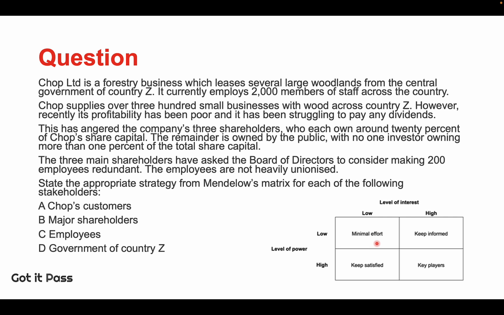So you match each of the stakeholders to the options. Who are the key players? Who should be grouped under keep satisfied, and who should be categorized under the keep informed box?